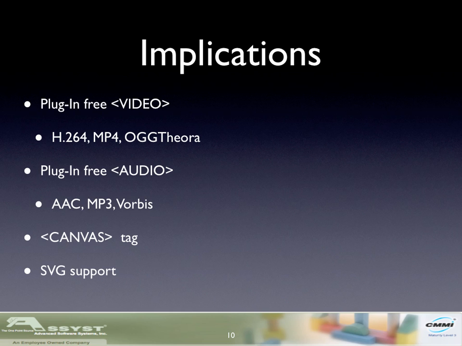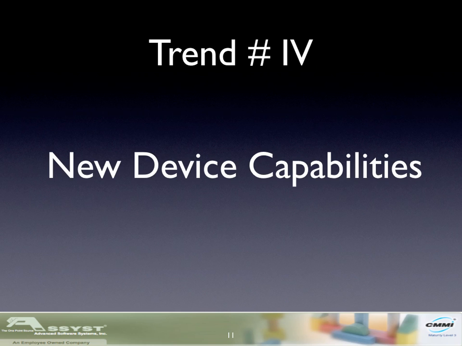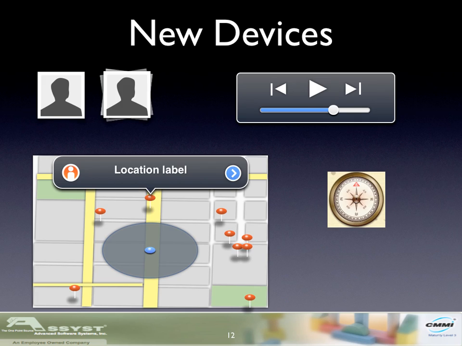The next trend is these devices are coming with a lot of new device capabilities. They have a camera, so you can take pictures and have a photo album. You can record and playback audio and video. If you are enabled with the GPS device, you can find the current location and the street by street roadmap.